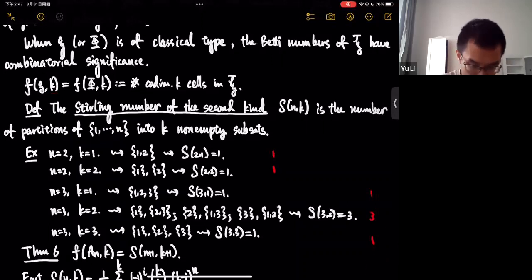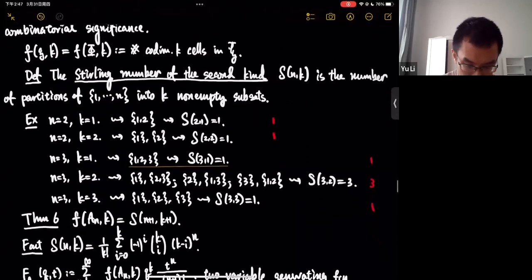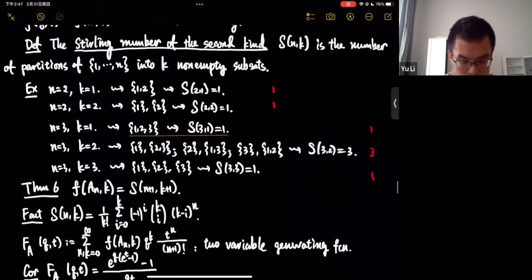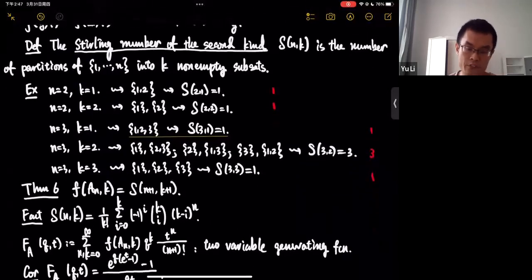Okay, to explain the Betti numbers in type A_n, I'll need to recall the Stirling numbers of the second kind. These are denoted as capital S of n comma K. These are the number of partitions of the set 1 through n into K non-empty parts.